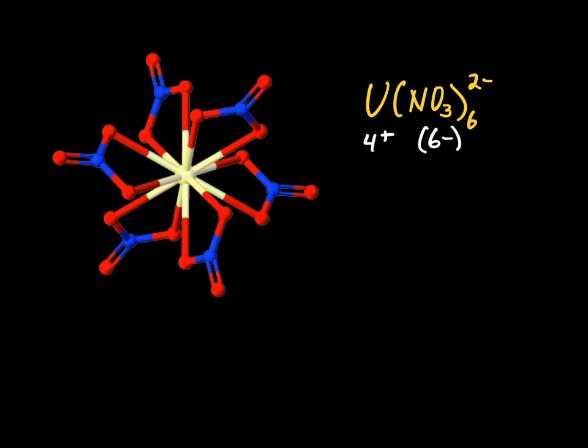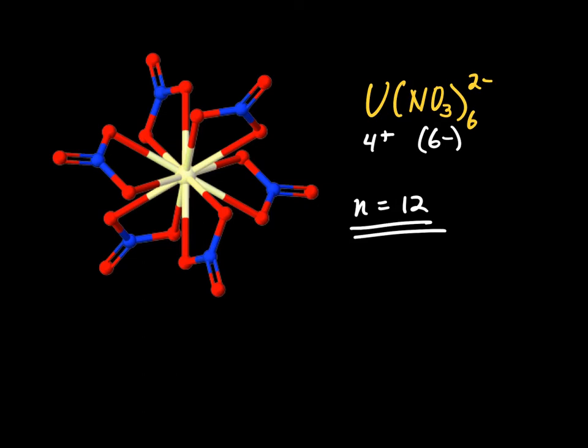But it coordinates with each of 2 oxygens from each nitrate. So if there's 6 nitrates, that's 12 coordination sites. So we have 12 direct coordinations with the central uranium atom. Okay? So that was the highest one I was able to get a good picture of.